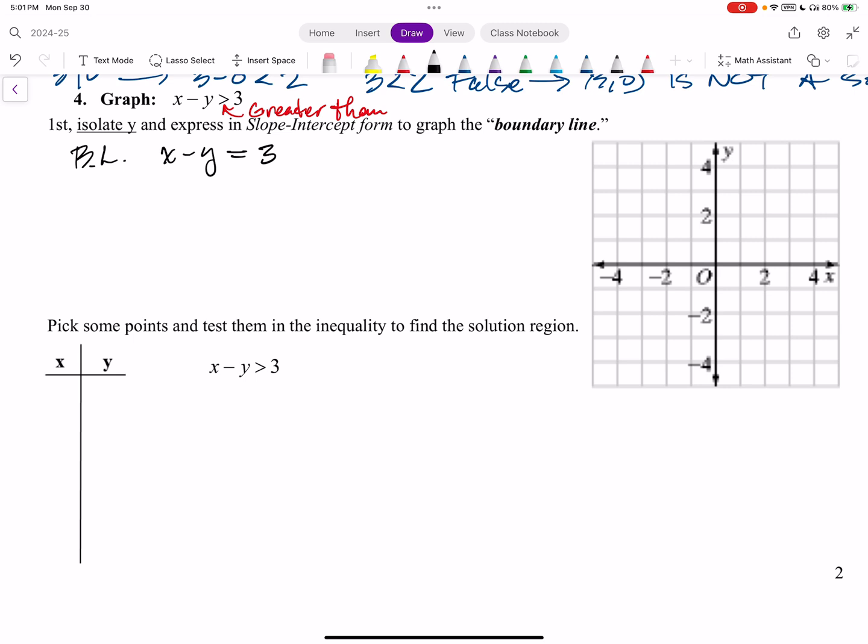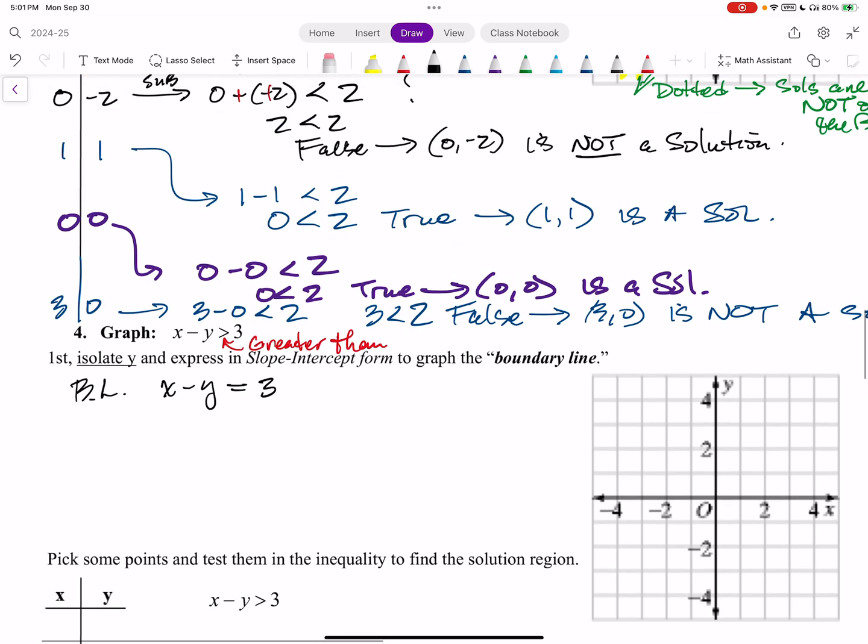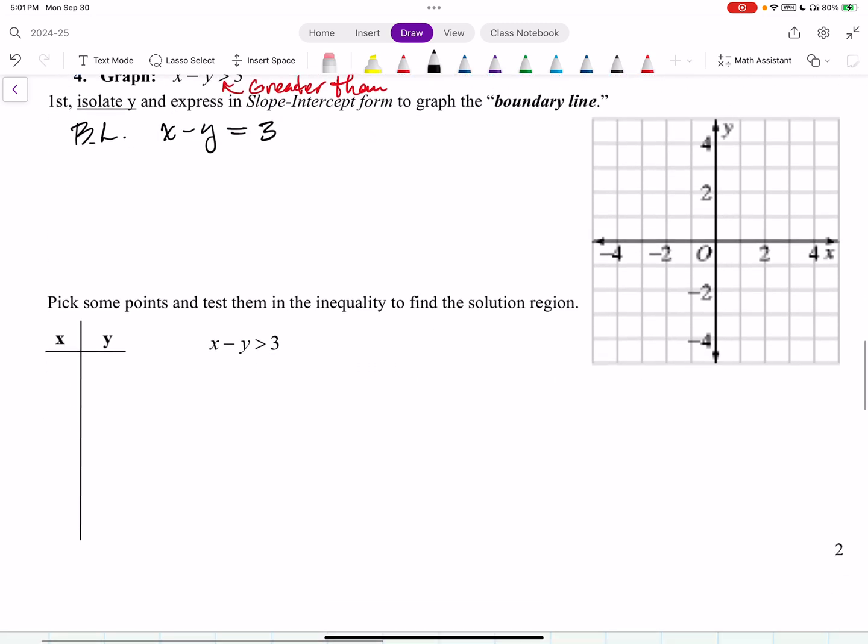And then of course we'll graph it here. Okay. Let's get started. Okay, so add the opposite of x here first. So you bring down the minus y is equal to negative x plus 3. Divide through by a -1 on all three terms.